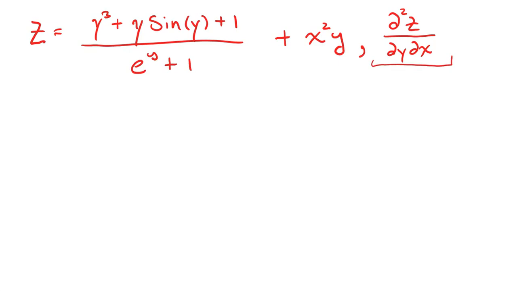And you would notice that there are a lot of terms containing y in this function. In fact, on the left-hand side, we have this really crazy fraction here with y cubed and y's times sines and then plus 1s over e to the powers of y. So technically you could take this derivative with respect to y and then with respect to x.